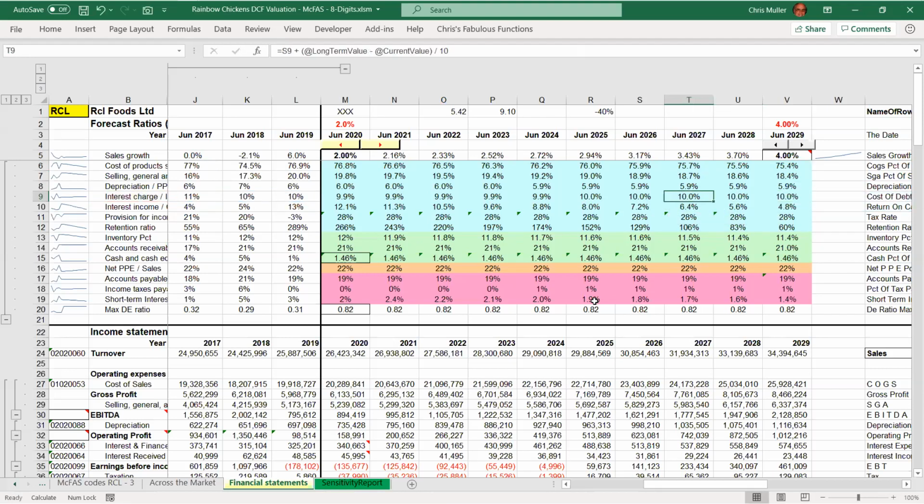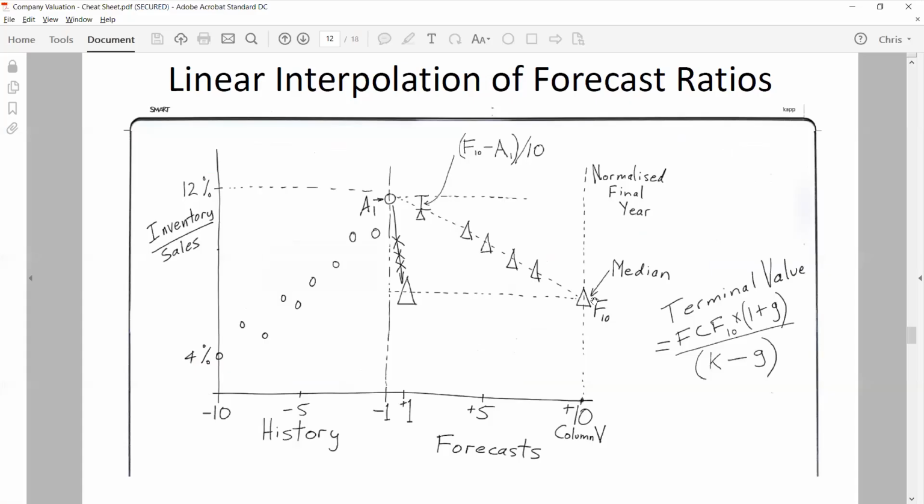But somehow I've got to get from, let's take this one, I've got to get from 20%, our SG&A, down to a median of 18.4. So I'm going to suggest that we use linear interpolation, draw a straight line from where we are currently, our current actuals, down to our normalized final year.